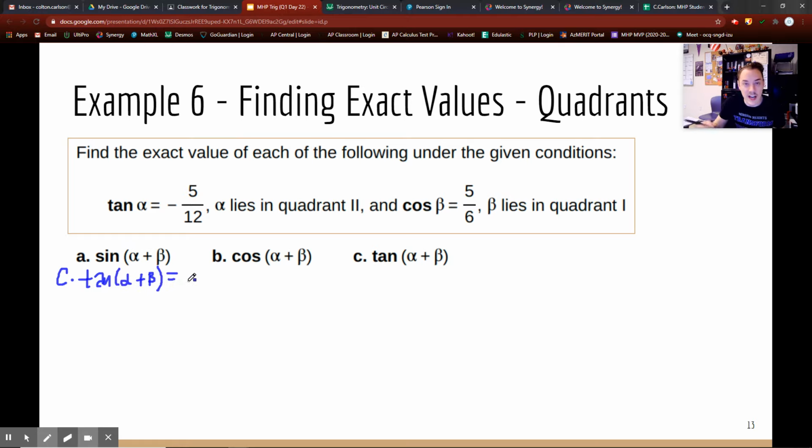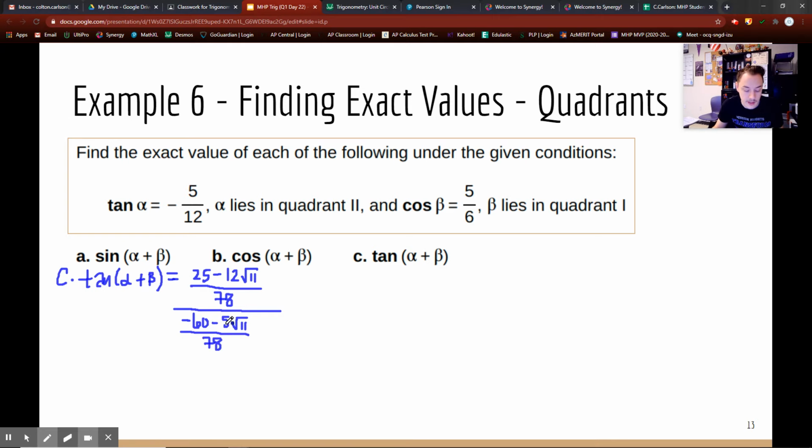This formula is sine of alpha plus beta all over cosine of alpha plus beta. Okay, so that's what this is. So now my sine of alpha plus beta was 25 minus 12 radical 11 all over 78. That was sine. And this is going to be divided by cosine, which we found is negative 60 minus 5 radical 11 all over 78.